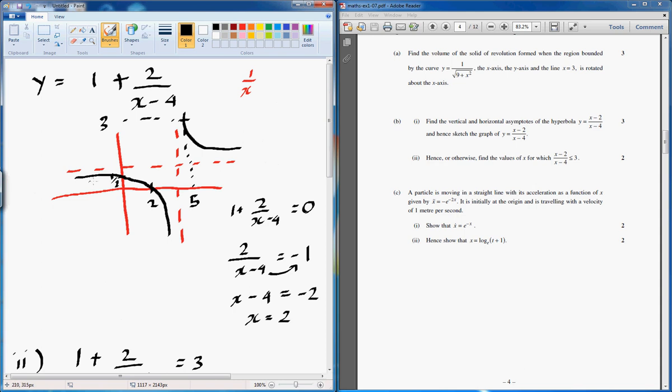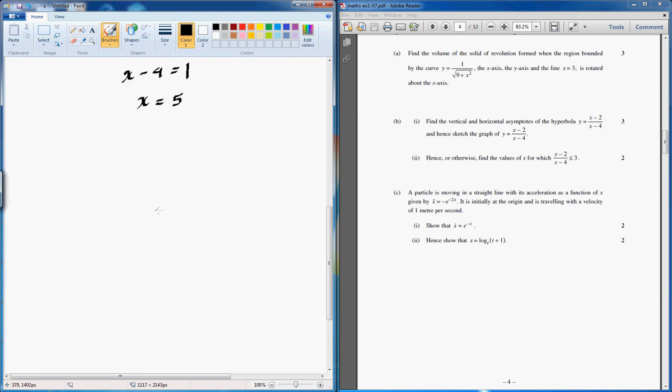It's less than 3 over there and less than 3 over there. Okay, so part 2, it's when x is less than 4 or x is greater than or equal to 5. Make sure you write this equal to, because we want the case when y is less than or equal to 3. But I can't write equal to 4 because it's an asymptote.